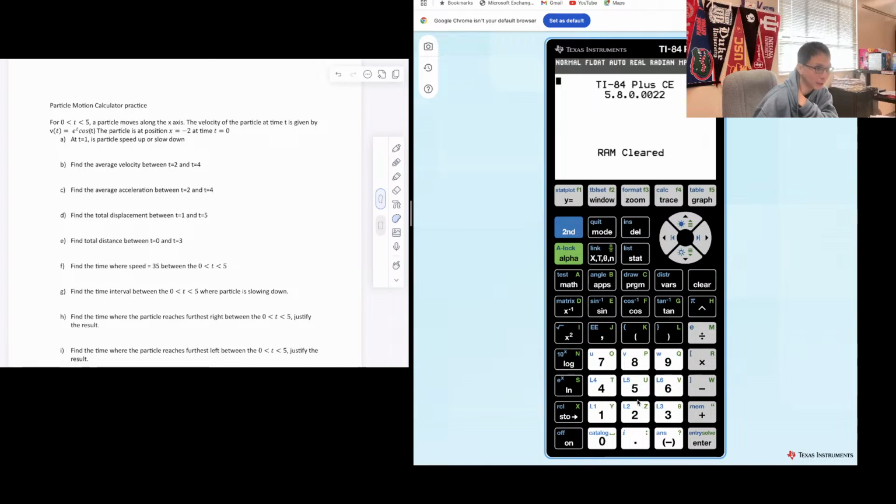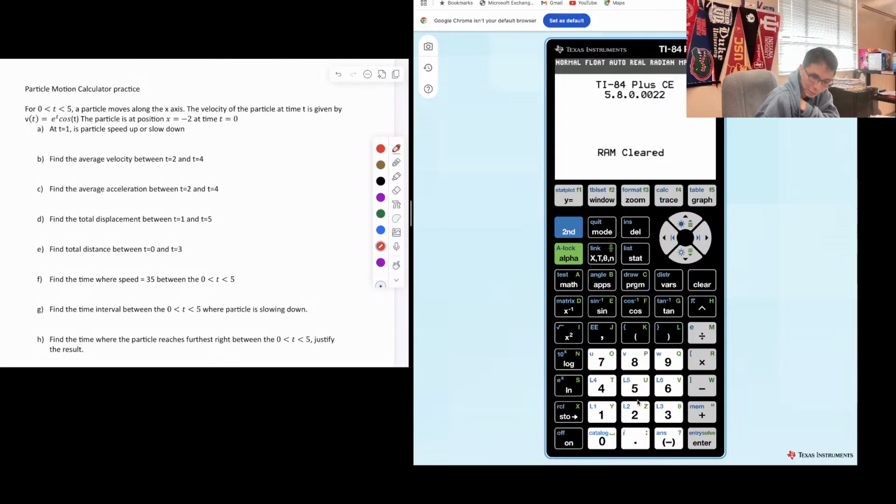So if your calculator ever gives you an issue, you can press those buttons. The problem is if you have stuff saved in there, then it will erase it all.